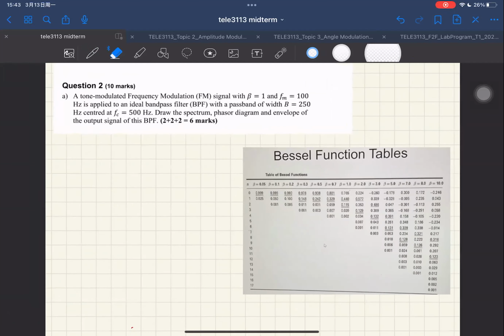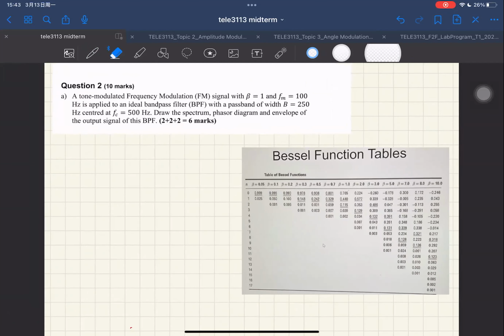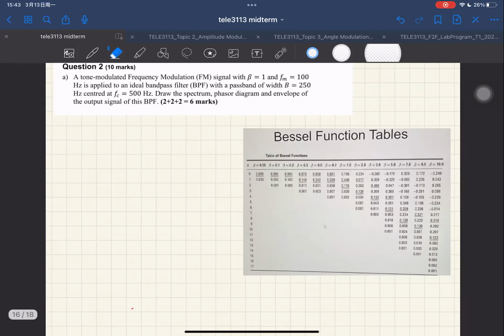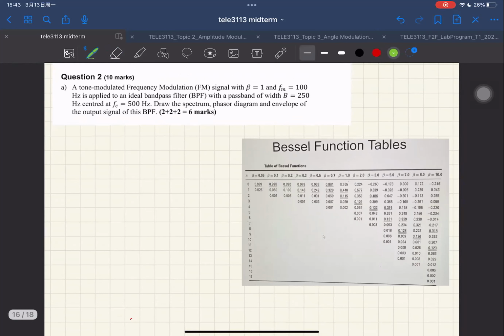Okay, so I'm going to do this frequency modulation question, because I said I'm going to show how this special function actually works in a real question. In this question, it gives you a beta value, right?